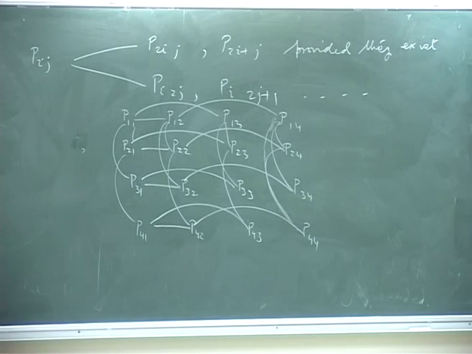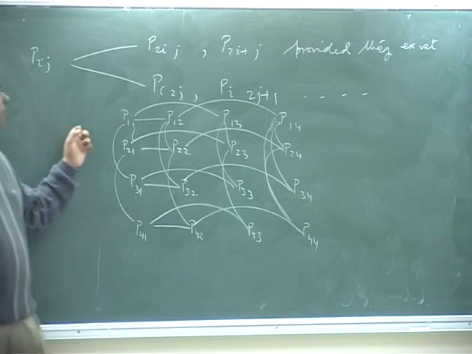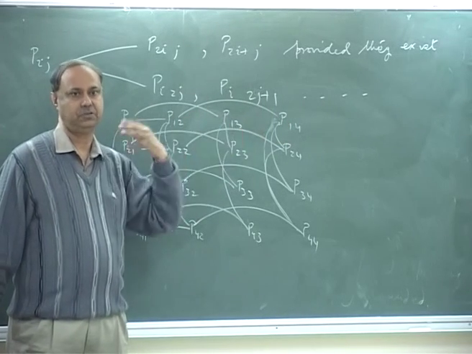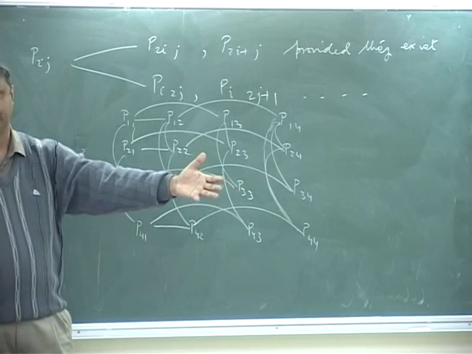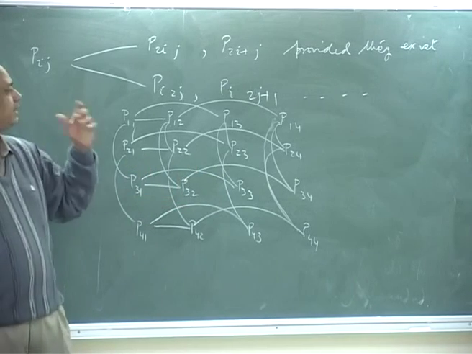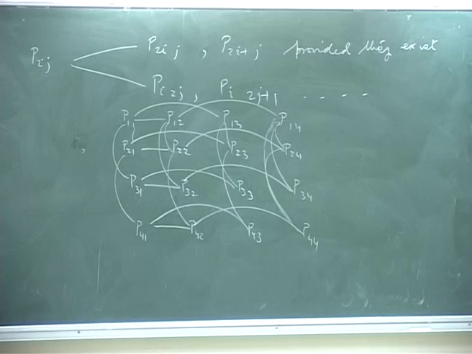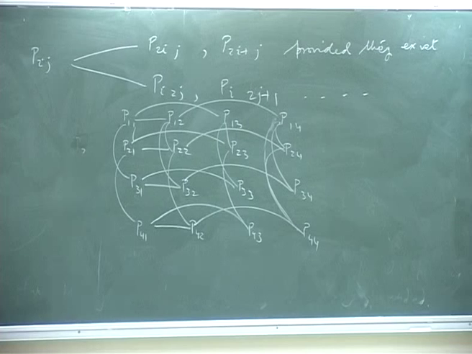Worst case, it is order log n, because your n elements form a tree connection. So height is log n, right? So from one corner to another corner, maybe 2 log n time, which is order log n time, is needed to transmit the data. So this is the network or model we are using for enumeration sort.